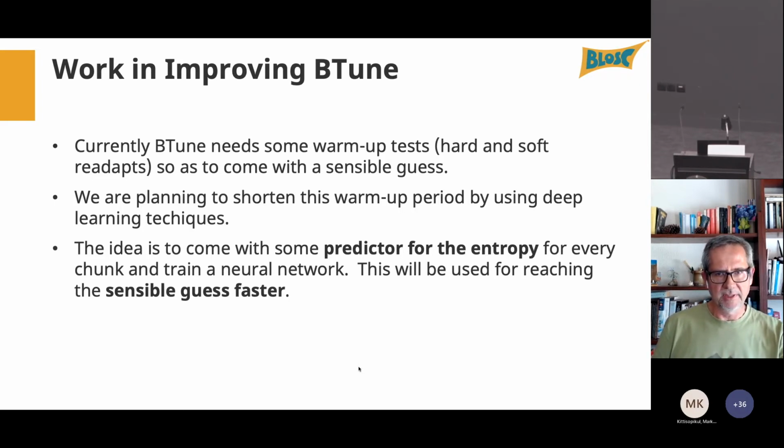And we are planning to shorten this warm-up period by using deep learning techniques. The idea is to come up with a predictor for the entropy of every chunk and train a neural network on different data sets. And this will be used for reaching the sensible guess faster.